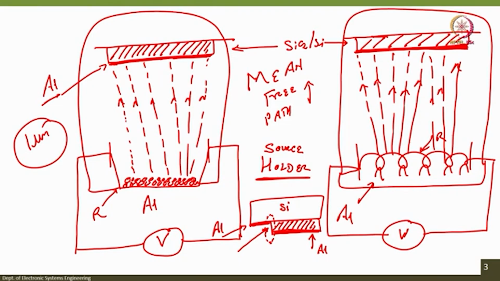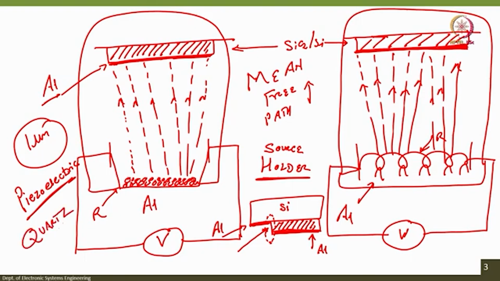So, what we can do is use the principle of piezoelectricity. What is piezoelectric? When there is a pressure, there is a change in the voltage, right. You remember what materials have piezoelectricity? If you recall, there is a material called quartz.